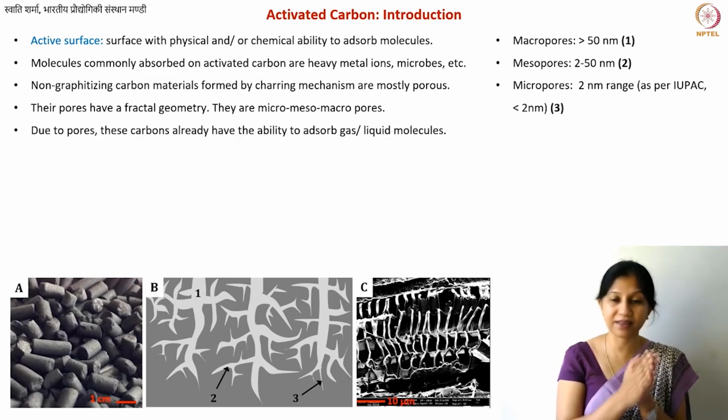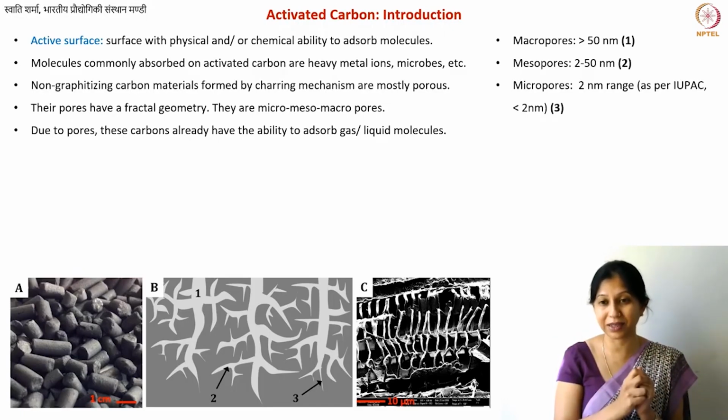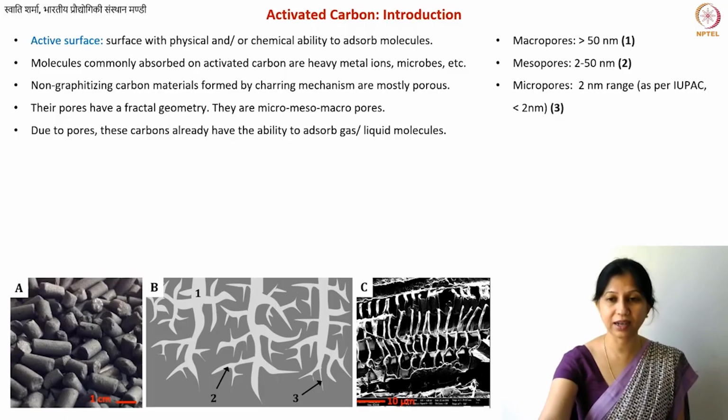If they are between 0.7 nanometer to 2 nanometer, then these are super micropores, and the ones that are smaller than even 0.7 nanometer, molecular length scales, they are known as the ultra micropores.